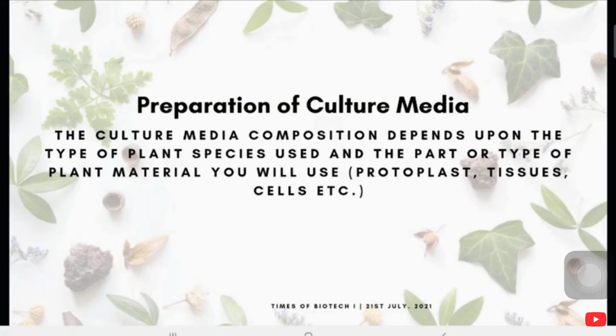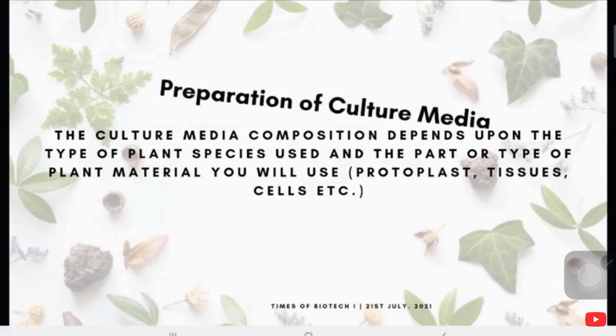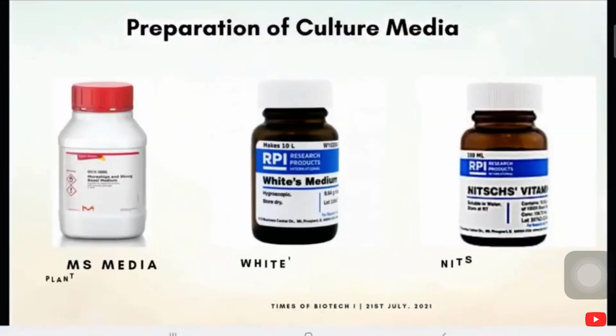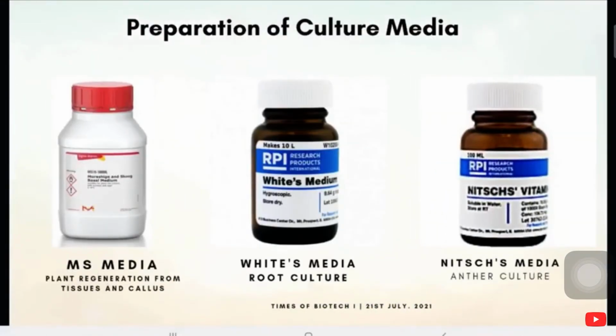So there is no hard and fast rule that we have to use X amount of carbon source or Y amount of hormones. For example, these are the formulated media such as MS media, White's media and Nitsch media. Even these media are not utilized for all types of culture.